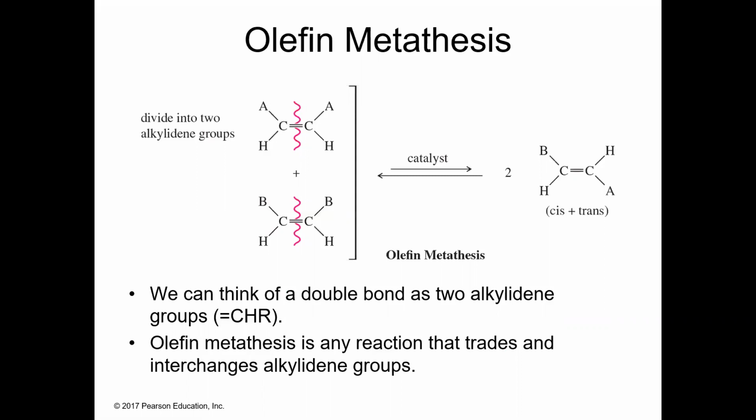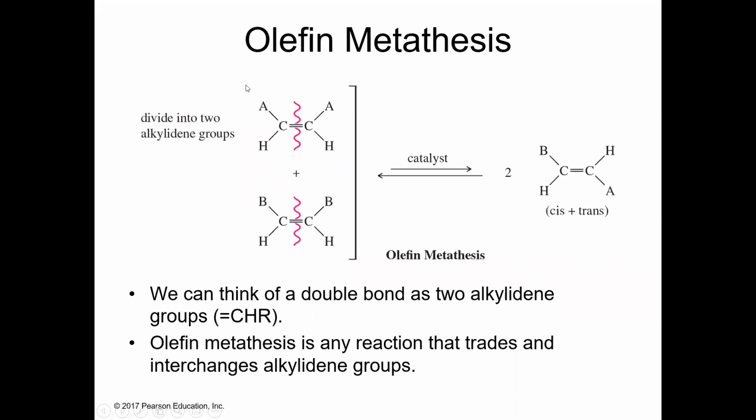Okay, we didn't talk about this last time. This is olefin metathesis. Basically what this involves is you use a special catalyst, and we've got these two different alkenes. They have different substituents. We split the two alkenes, and then we add one part to the other alkene, so we get something like this, cis and trans.